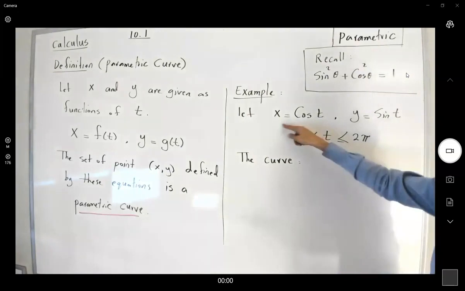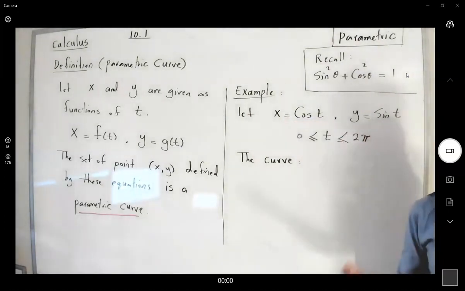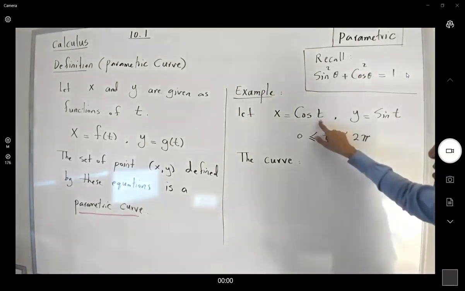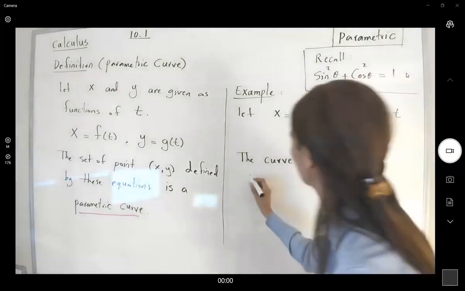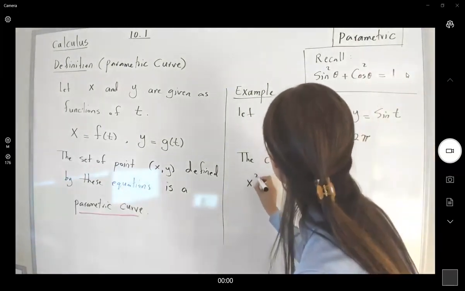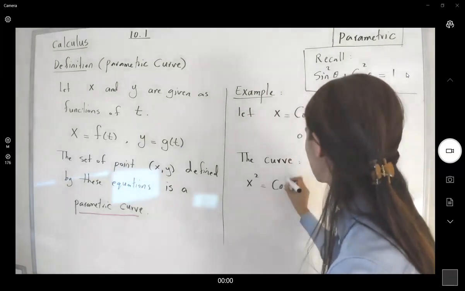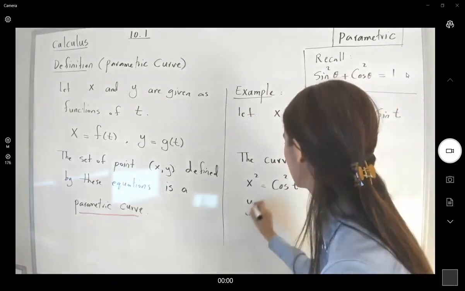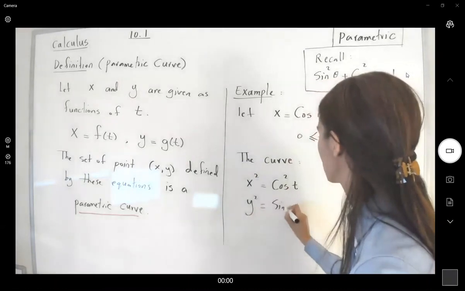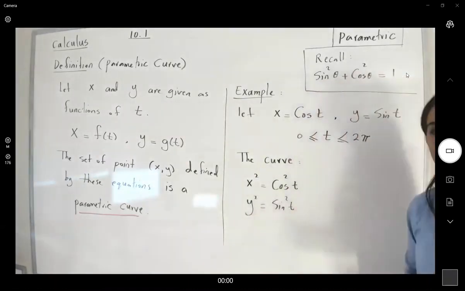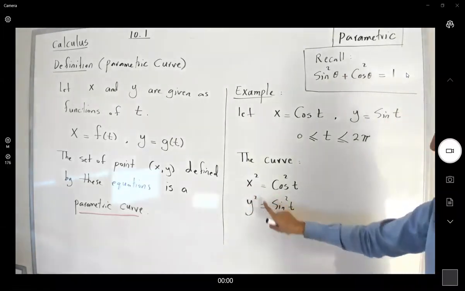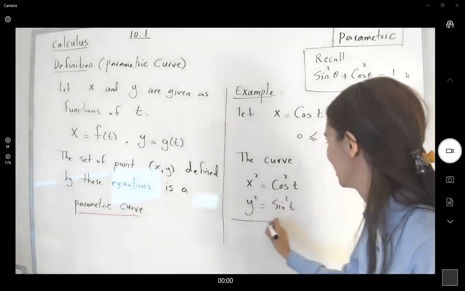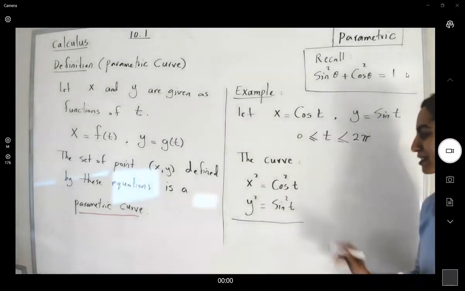Why not raise both sides to the second power? Maybe we can get rid of this variable, this theta. Well, x squared is equal to cosine squared t, and y squared is equal to sine squared t. Add them. Add x squared and y squared, which is equal to sine squared plus cosine squared.